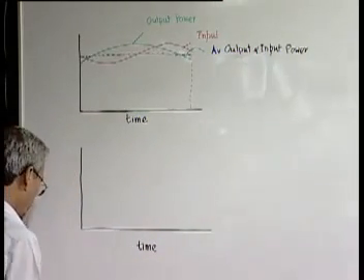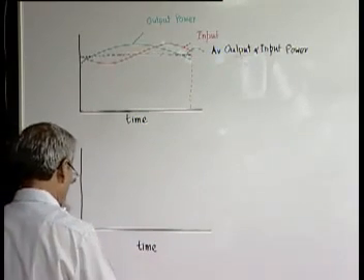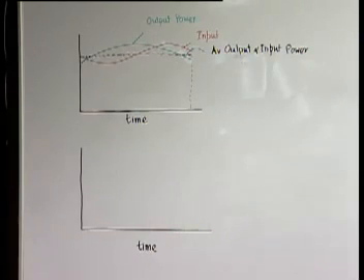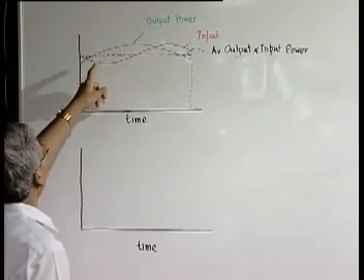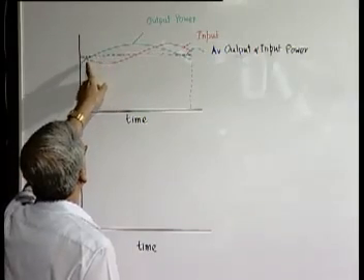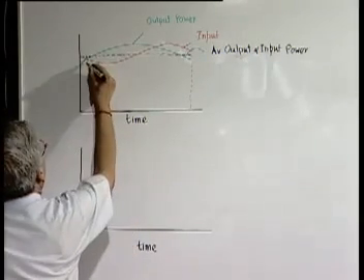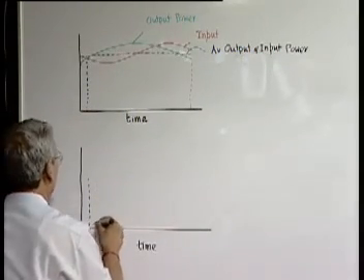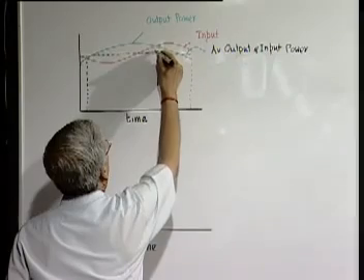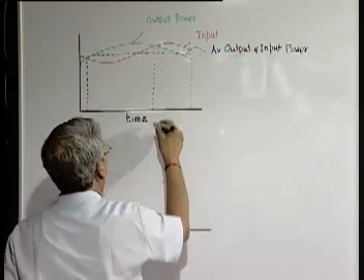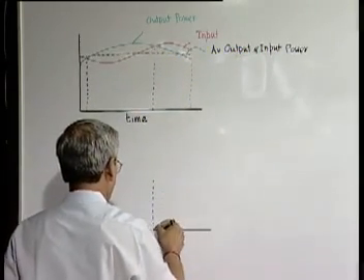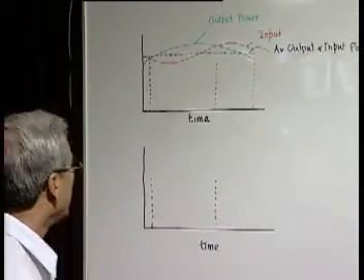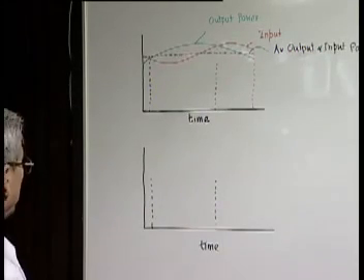Now, we see that though the average for both the input and the output powers are same, at every instant except for this instant and this instant, everywhere else the instantaneous input power and instantaneous output power are different.